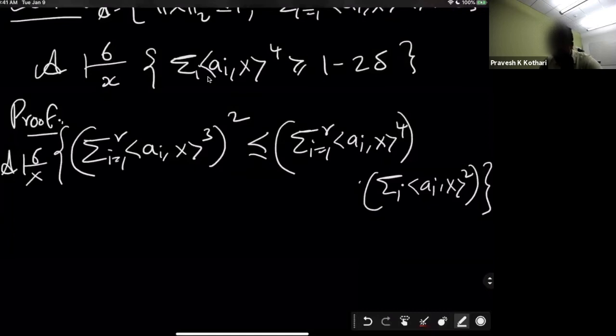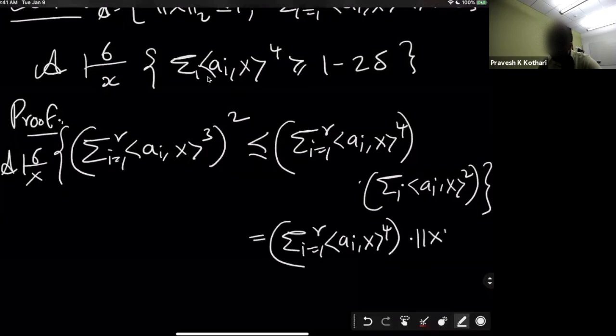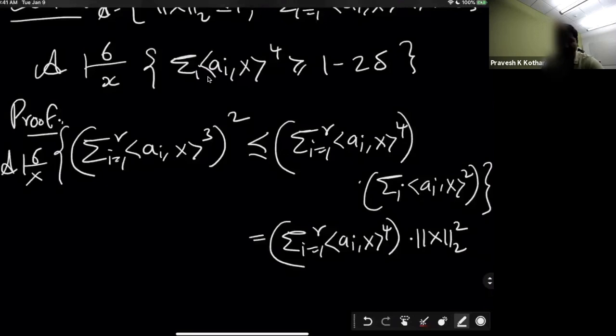Because of orthonormality, sum a_i x squared should equal what? Well, I'll claim that they should equal... any issues with that? And I'm saying that I can do this within sum of squares. Why can I do this?